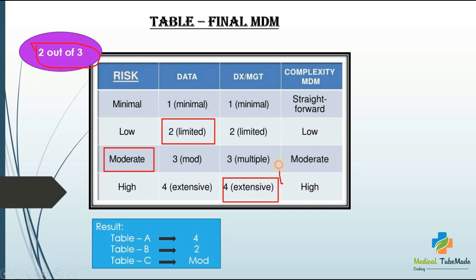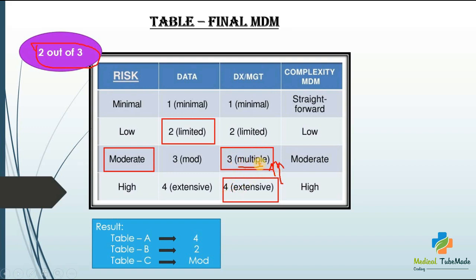So go one step back and check for moderate. For moderate, the risk table is already supporting, table B is not supporting, and table A is supporting for high. That means we can take it for moderate also, because it has 4 points and for moderate only 3 points are required. So we can take table A for moderate also, because 4 points includes 3 points.